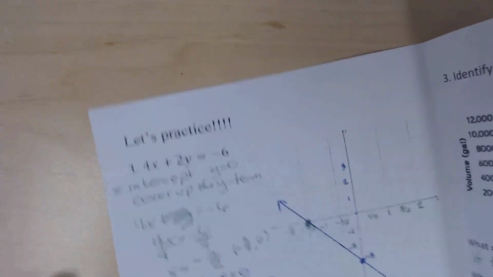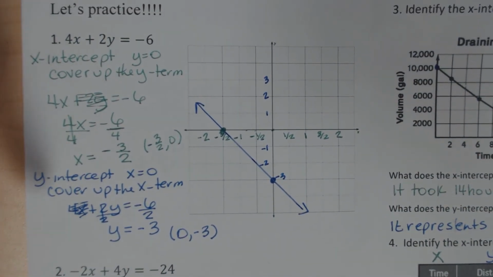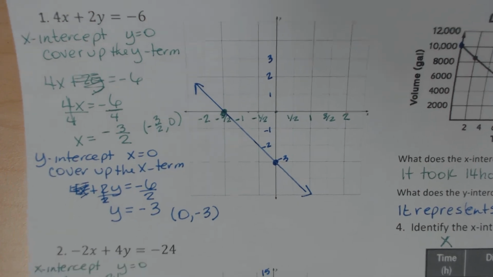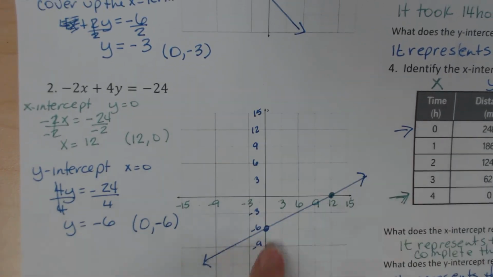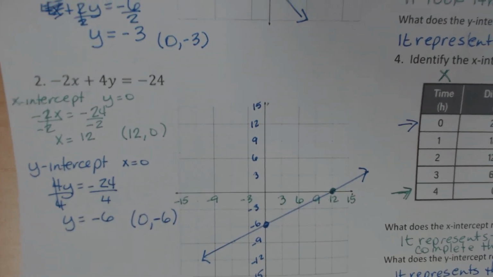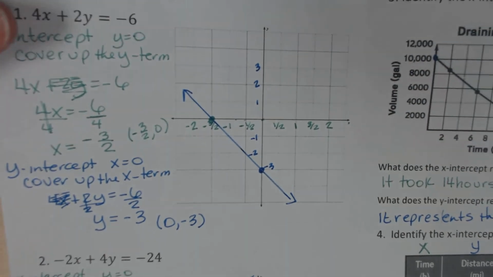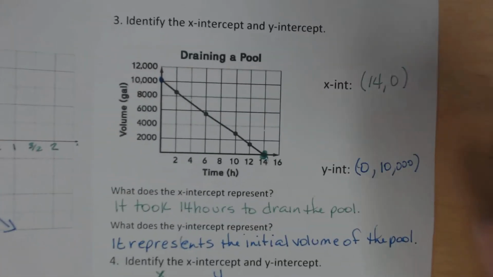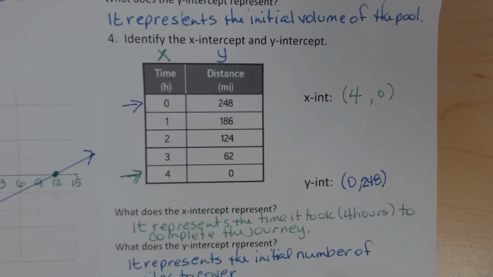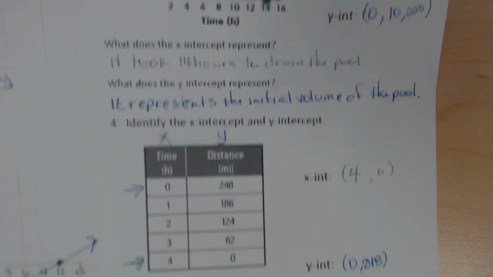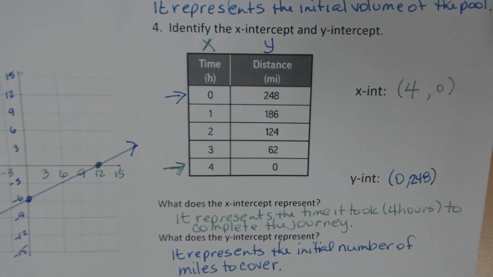We had 2 more examples on the inside of finding x-intercepts and y-intercepts and using those to graph. Same thing on this one, and here we had to count our graph by 3s. Up here we counted the x by halves and the intercepts by 1. Then we had 2 examples of identifying what x and y intercepts mean in context of either a given graph or a given table of values.